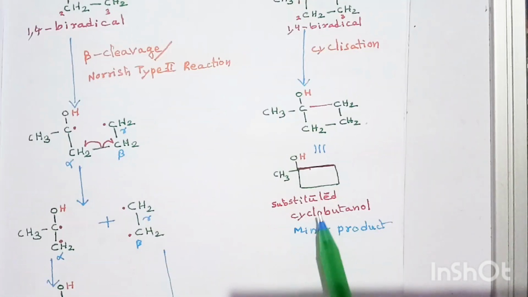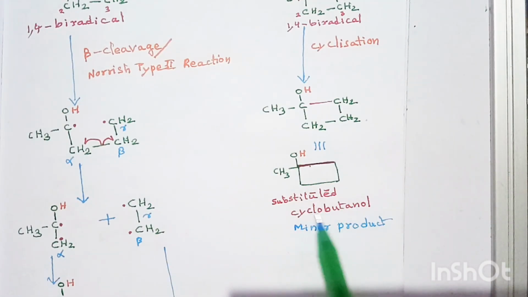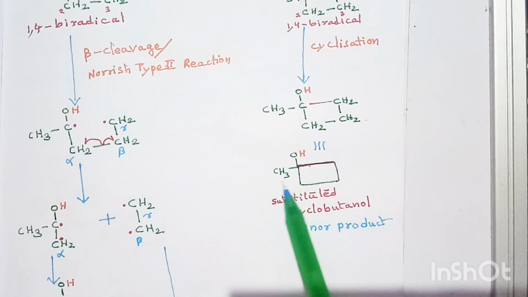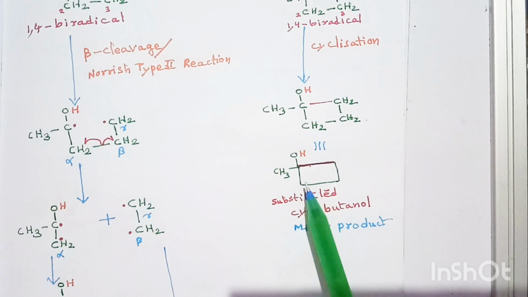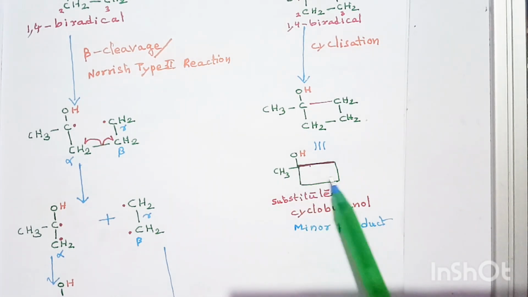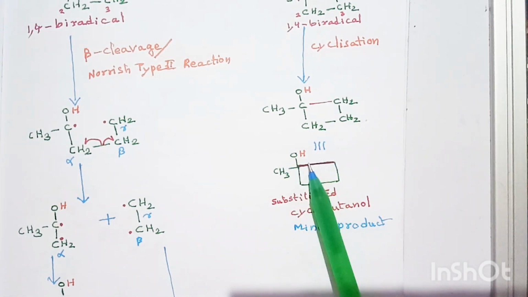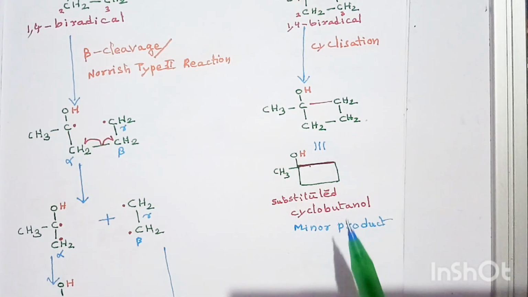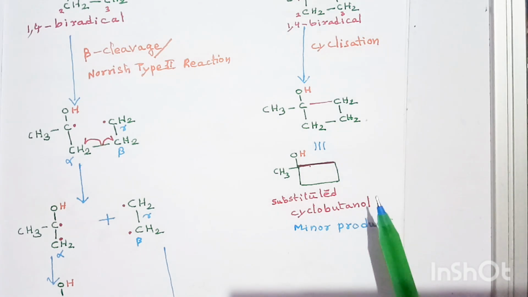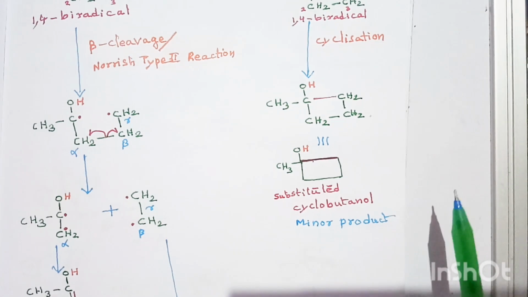So we get substituted cyclobutanol, because it is substituted by methyl group. So we call it substituted cyclobutanol. Butanol because it has 4 carbon atoms and an OH group attached to it. So it is cyclobutanol. This is the minor product in this gamma hydrogen abstraction reaction. Let us see another example.